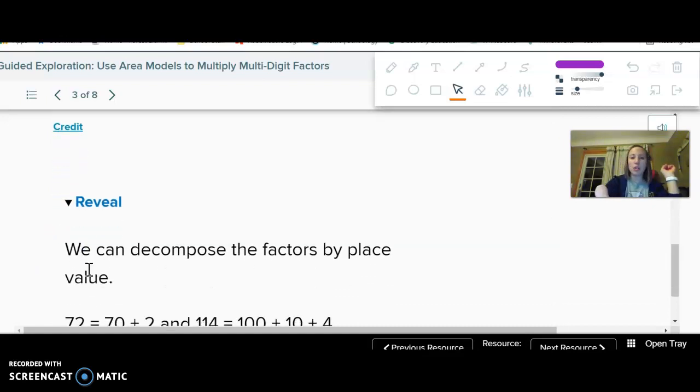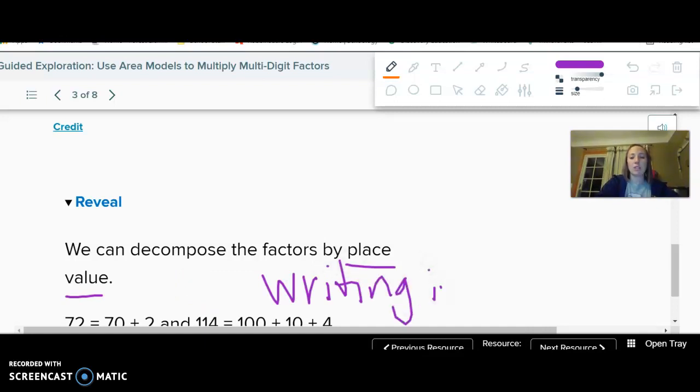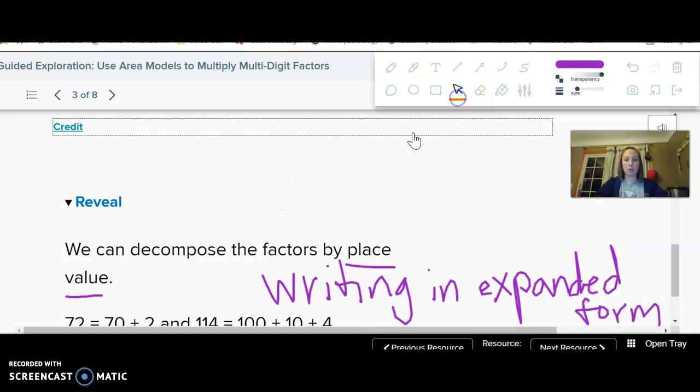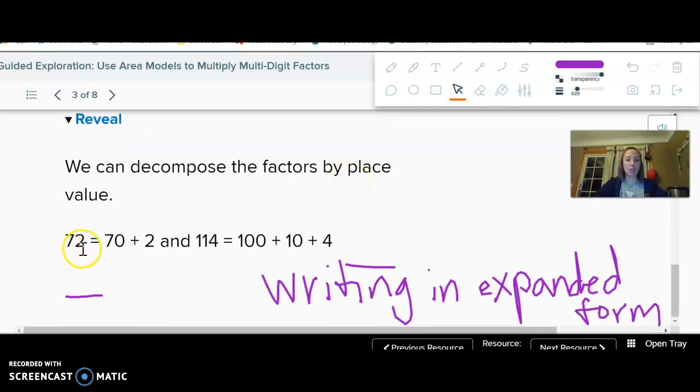So we decompose the numbers by place value, or you could say by writing in expanded form. That might make more sense to you. So whichever way makes the most sense to you so that you'll remember is what I would write down. Okay, because notice 72 is 70 plus 2, 114 is 100 plus 10 plus 4. So we're just taking each number and writing it separately.